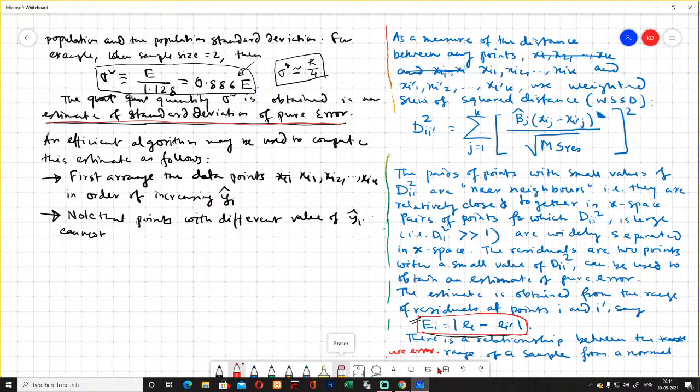Actually, the residuals at two points with small value of Dii dash squared are used to obtain the estimate of error, obtained from the range of residuals. The range means absolute value.